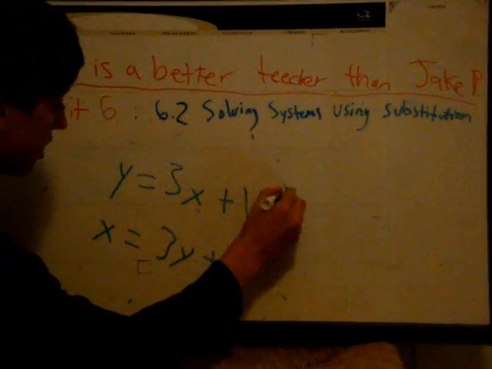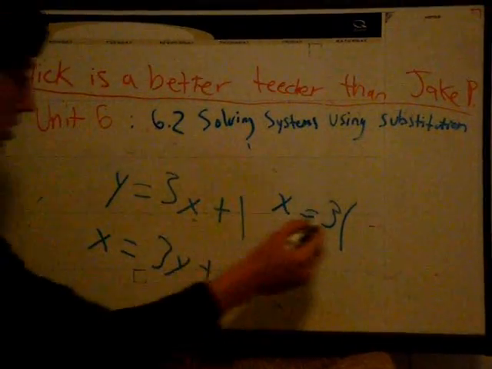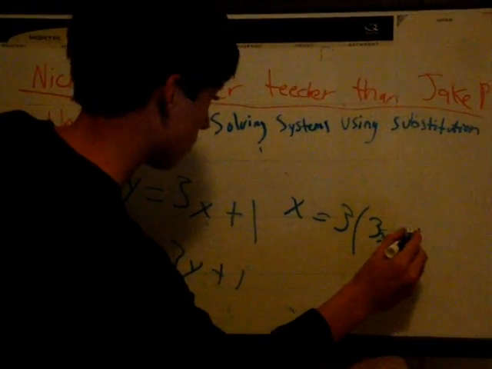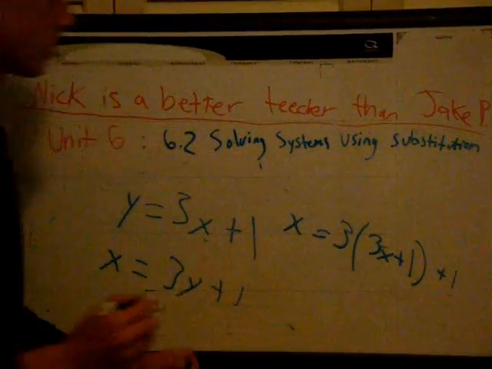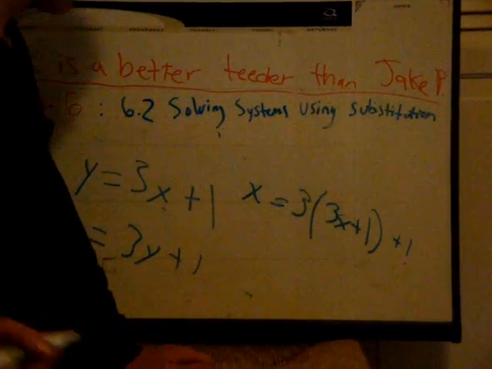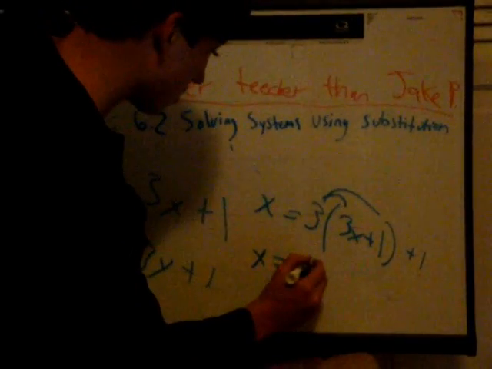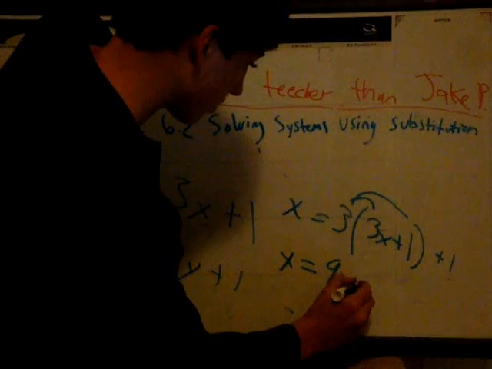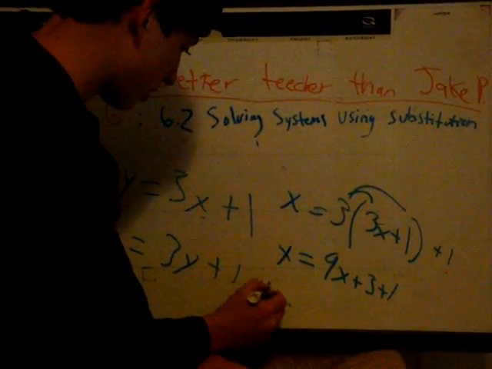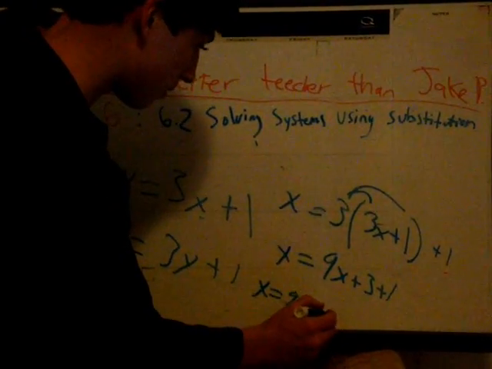So that would look like x equals 3 times, insert this, (3x plus 1) plus 1. And then we're going to use the distributive property, which I hope you've learned before this, and we're going to distribute that. So that would be x equals 9x plus 3 plus 1. Simplify that a little. x equals 9x plus 4.